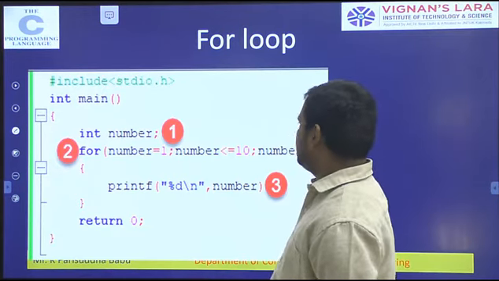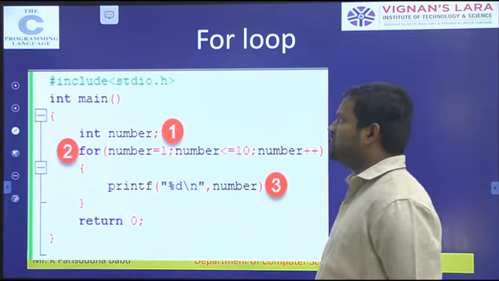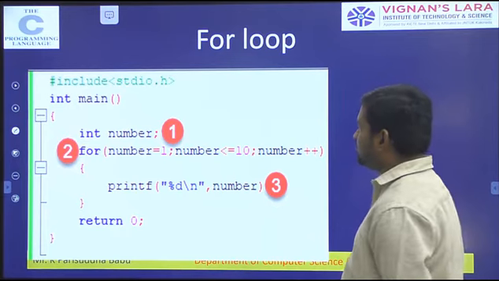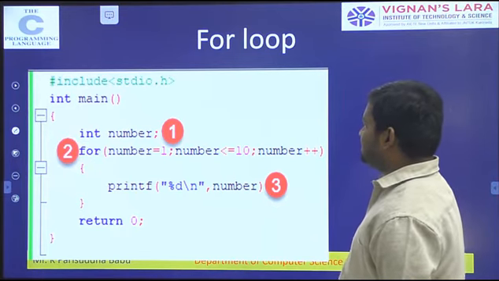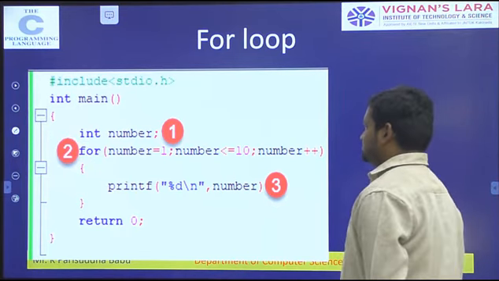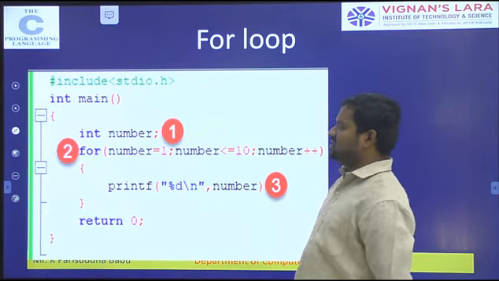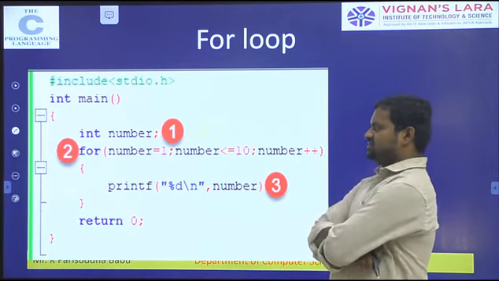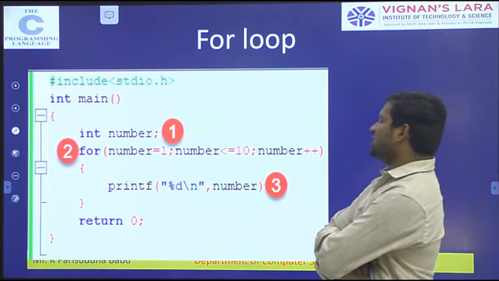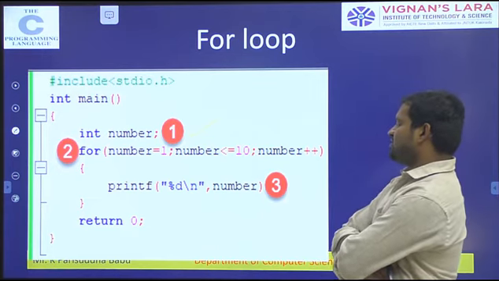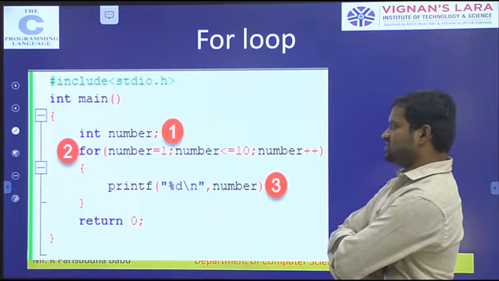See this for loop example. int number declares that the number is declared. After that, number equals 1; initialization is done.